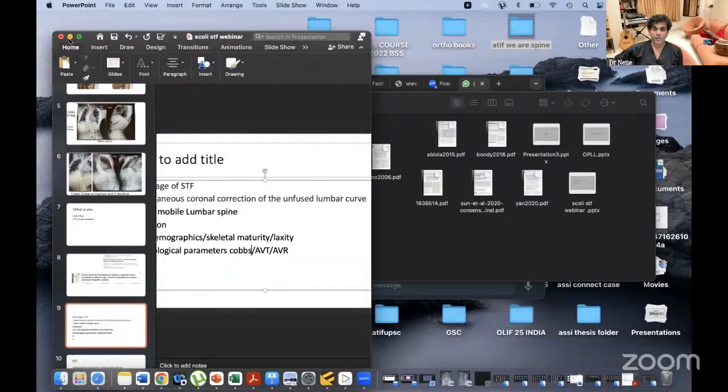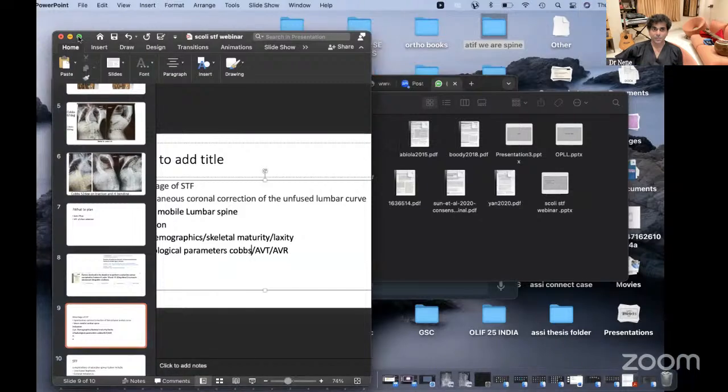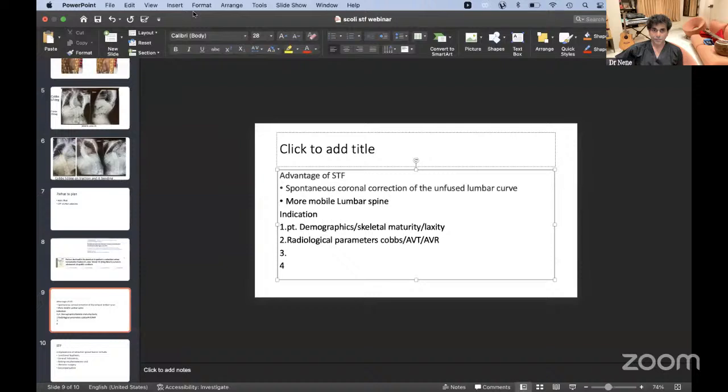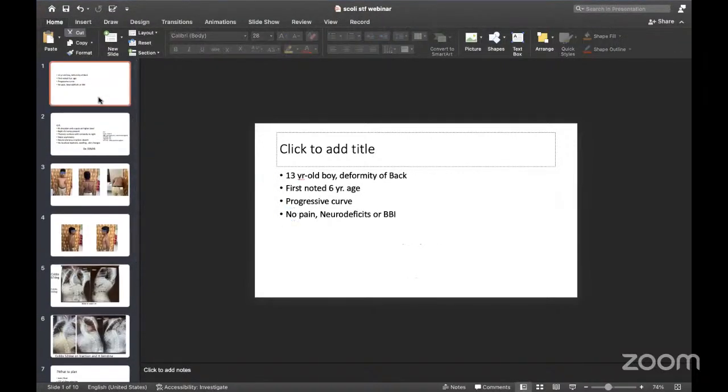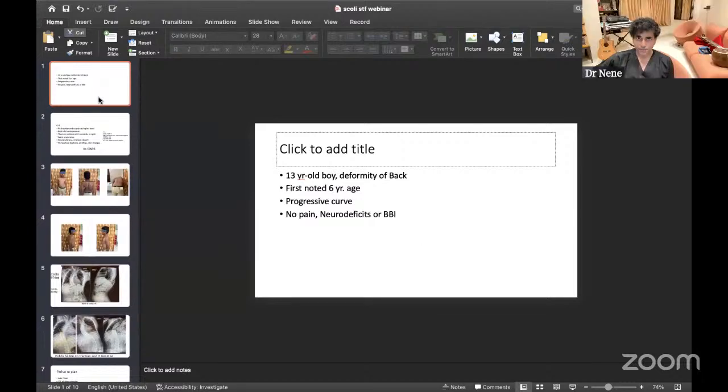Yeah, we can see your screen. Can you go on slideshow?